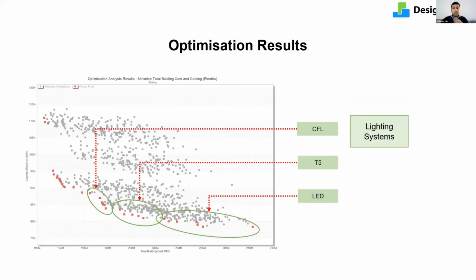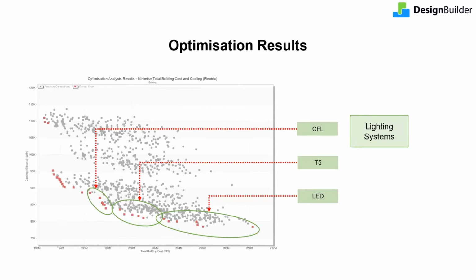And then within each HVAC subcluster, we can see 3 subclusters for different lighting systems. For example, in the VRF cluster on the Pareto front, we can see that as per the costing information for this project, changing lighting type has greater impact on cost rather than cooling.